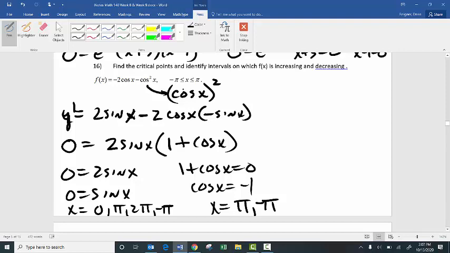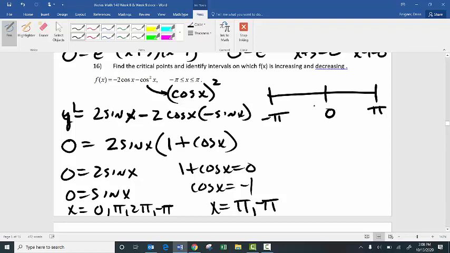Whenever you do a trig one like this, there'll be limitations. This one only goes out to pi and only goes down to negative pi. It doesn't go to infinity. So you look for any numbers in between there. In this case, 0 is the only number in between.